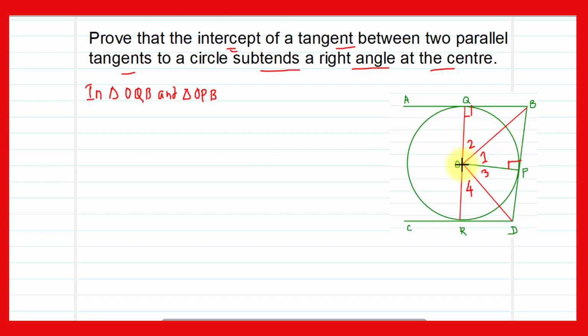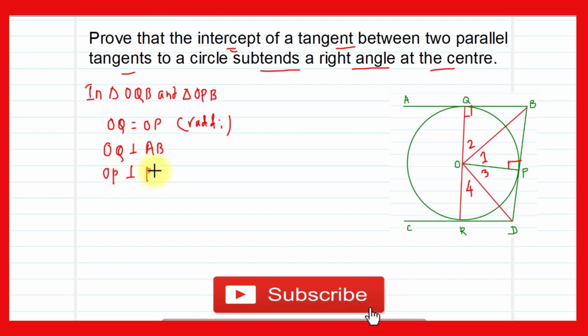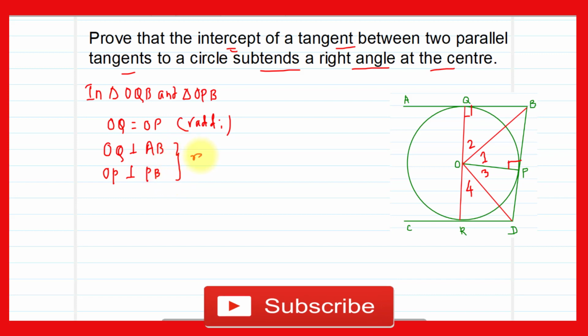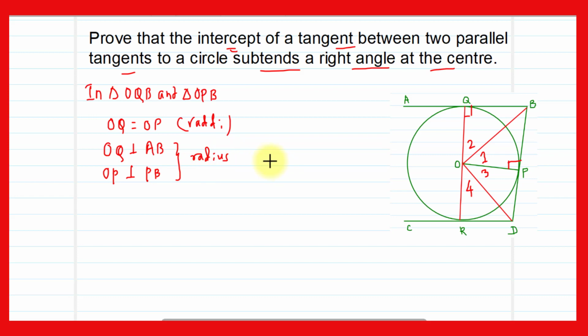So here first we will write that OQ is equal to OP, reason: radii of the same circle. Similarly, OQ is perpendicular to AB, and OP is perpendicular to PB, reason: the radius is perpendicular to the tangent at the point of contact.